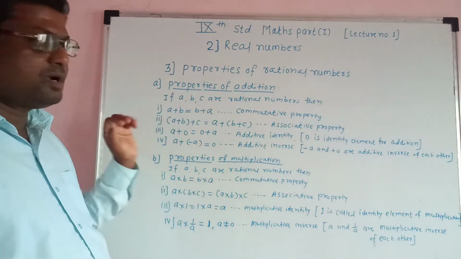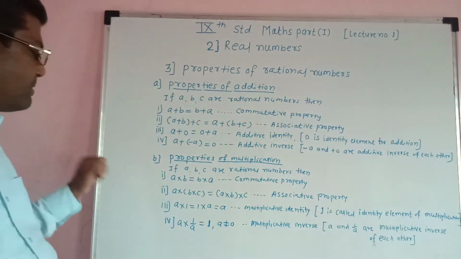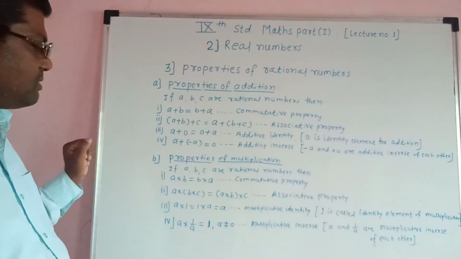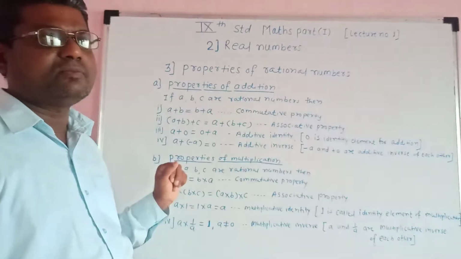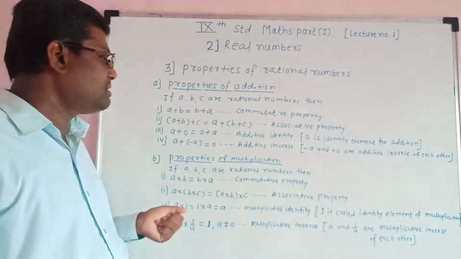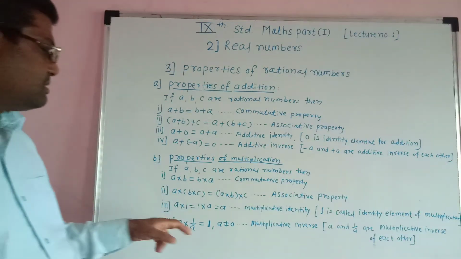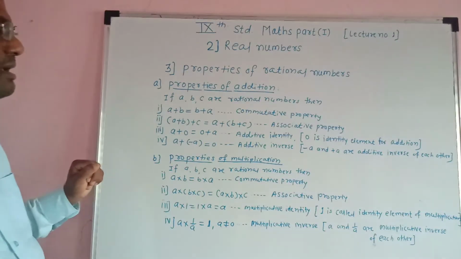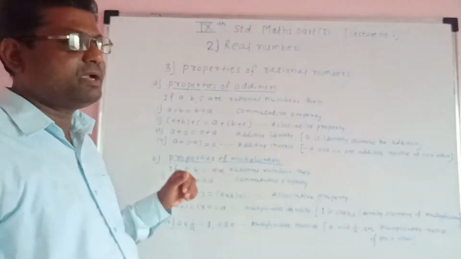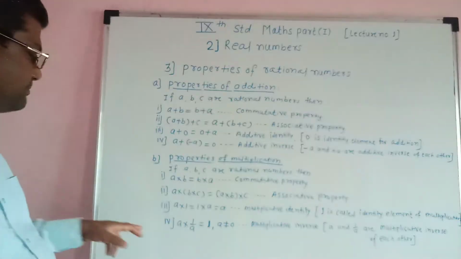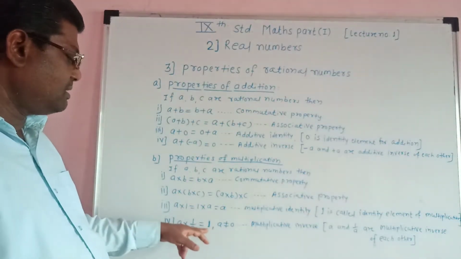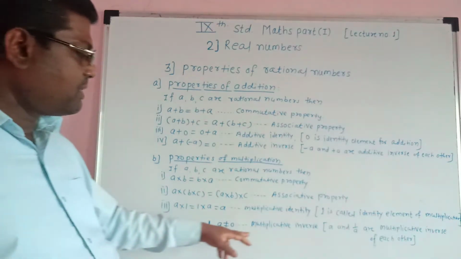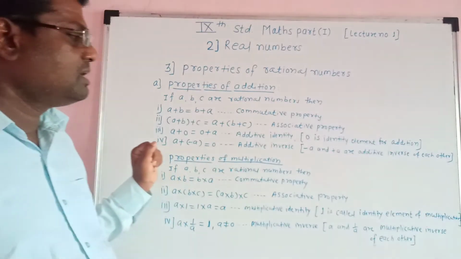This property is called the associative property. a into 1 is equal to 1 into a is equal to a. If any rational number is multiplied by 1, its value does not change. This is called the multiplicative identity, and 1 is called the identity element of multiplication. a into 1 upon a is equal to 1, where a is not equal to 0.